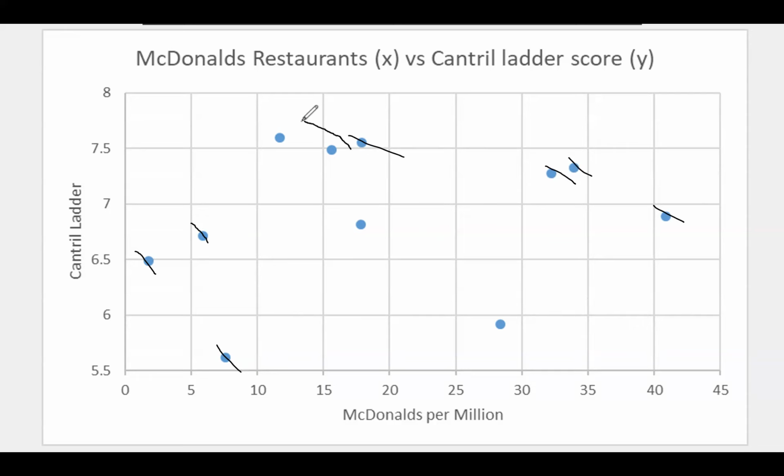Imagine that the only data that you focused on were these 4 points here. Well, then you'd think as the McDonald's restaurants per million people go up, the happiness level is going to go down.